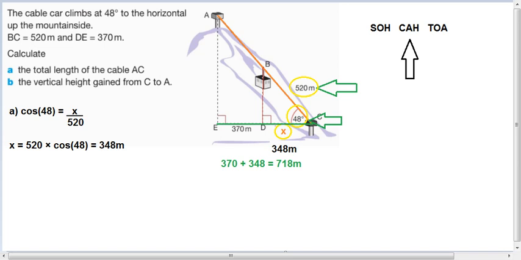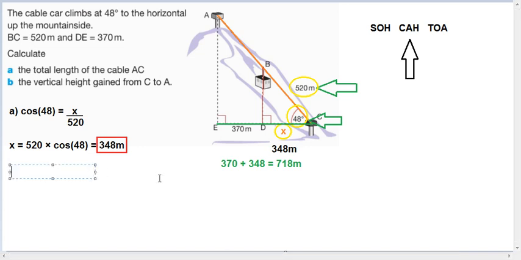I will just highlight the first answer here. B, let's go. The vertical height gained from C to A. So look, the cable car is gaining height until here.